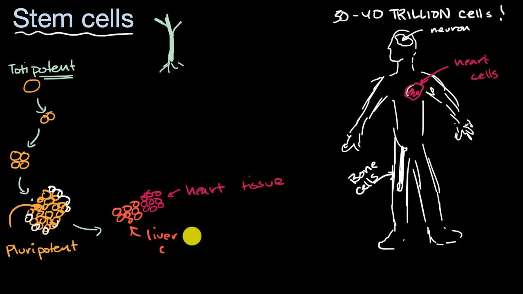But they haven't differentiated into the specific type of liver tissue. So these we would call multipotent. They still have the potential to become other more differentiated, more specialized types of cells, but they're going to stick to that tissue type.